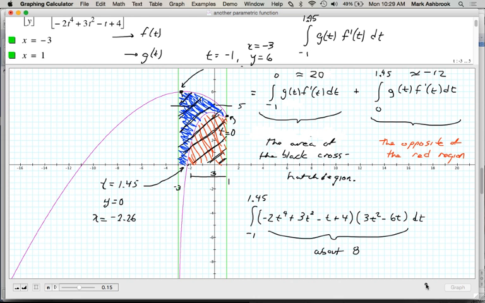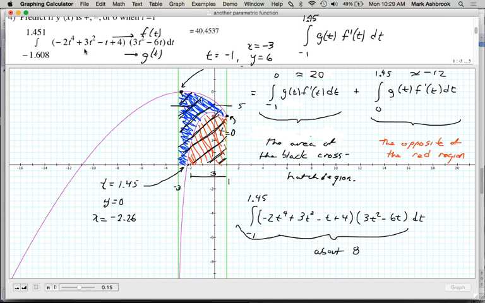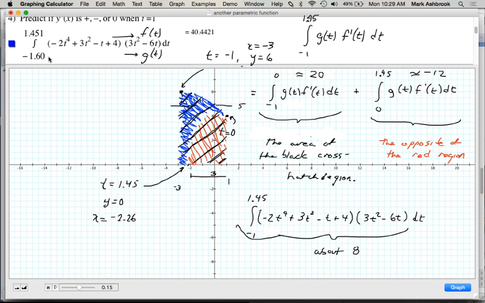Sorry, that's the whole integral, not just the inside. Somewhere I have that in here. -1 to 1. Okay, 10.6. So our estimates were off, but that's the idea.